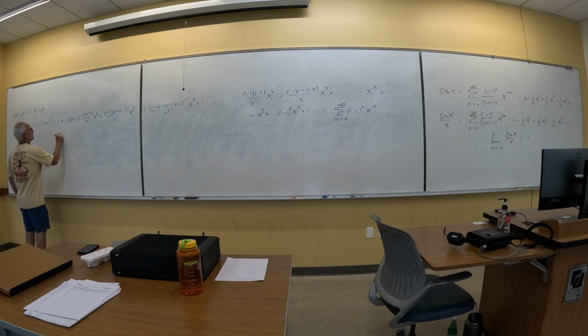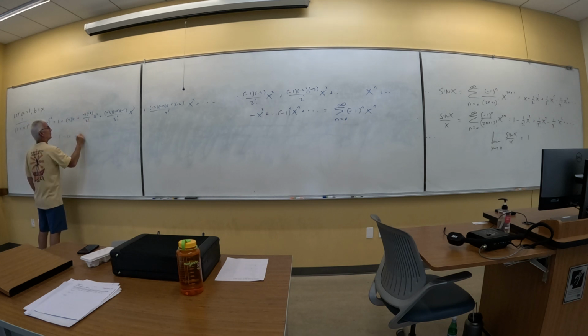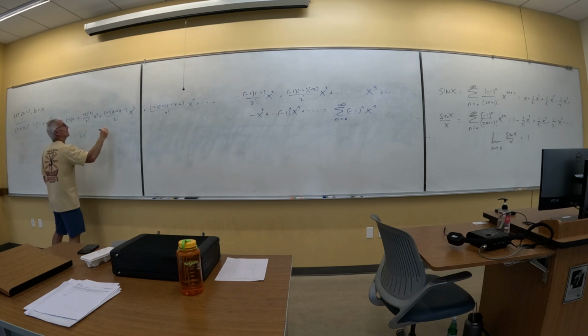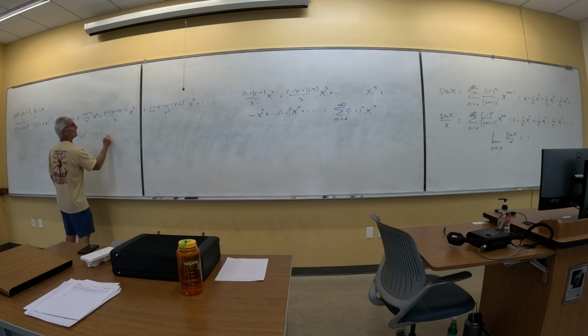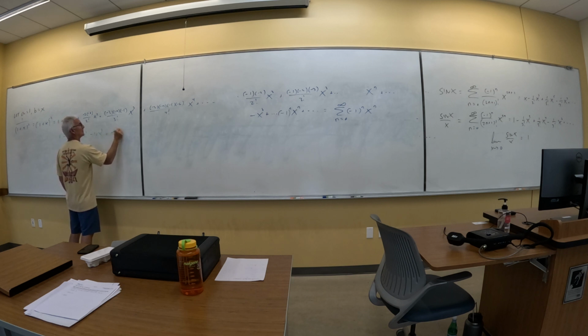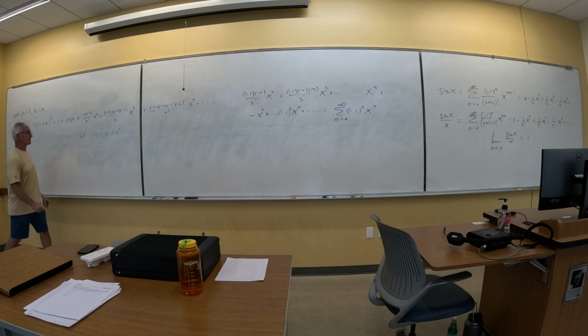Well, if I simplify them, then this is 1 minus 3x, 12 over 2 plus 6x squared. That's 60 over 6 minus 10x cubed. That one's going to be plus 15x to the fourth. And this is absolutely correct what I just wrote. 1, 3, 6, 10, 15.